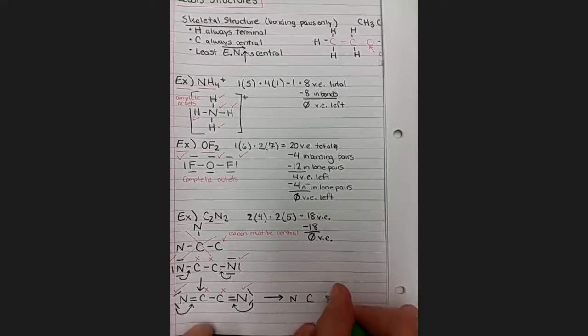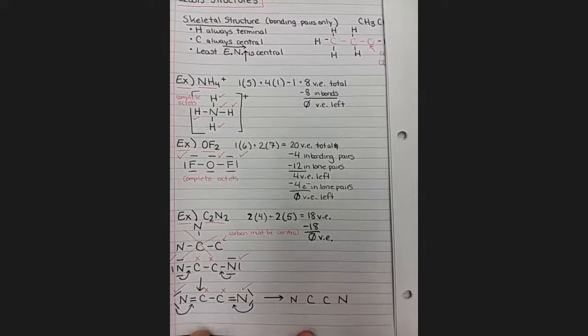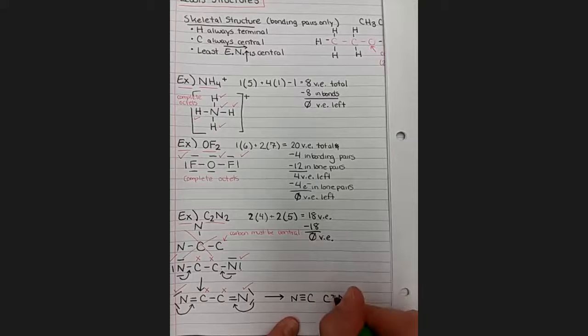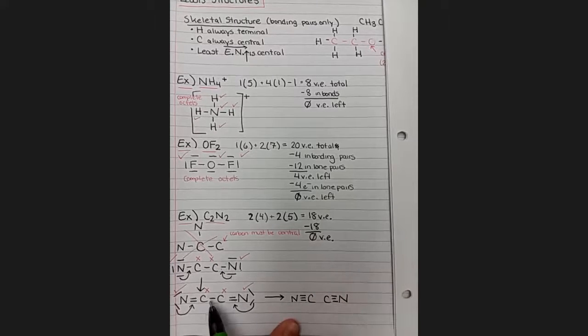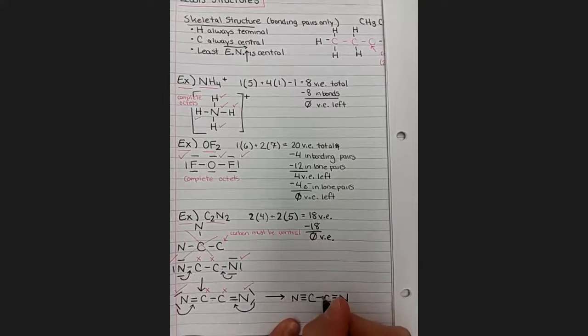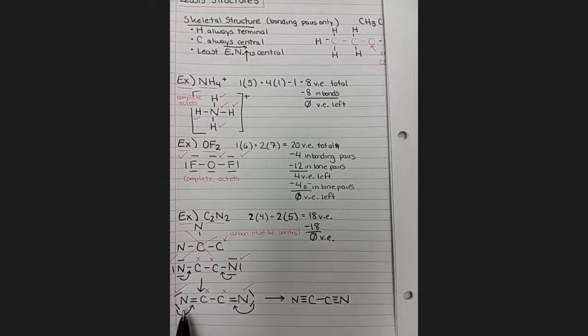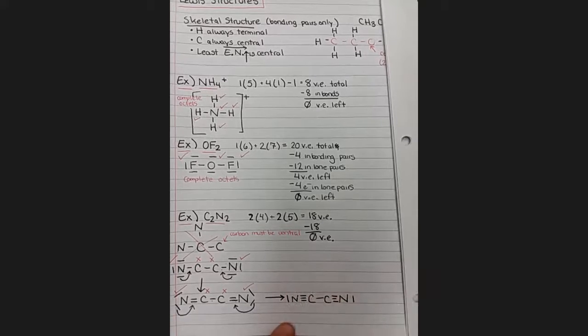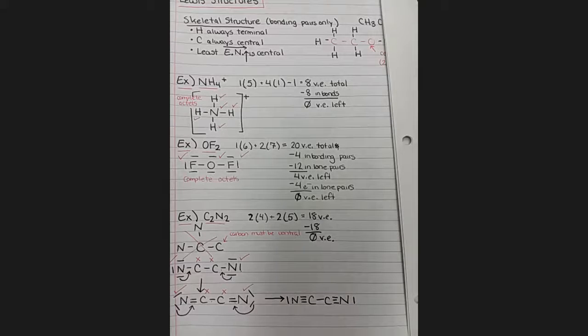Nitrogen, carbon, carbon, nitrogen. Now we have a triple bond in between each nitrogen and carbon. We still have a single bond between the 2 carbons. That hasn't changed. And the lone pairs on the end, there's only 1 lone pair for each nitrogen now. Let's make sure we have the same total number of electrons, 2, 4, 6, 8, 10, 12, 14, 16, 18.